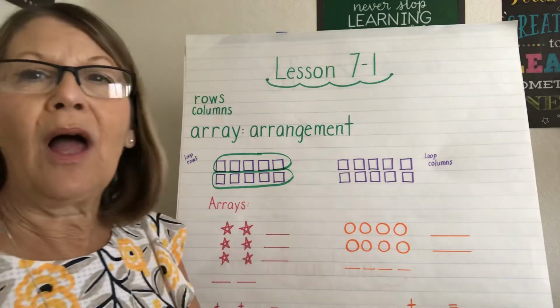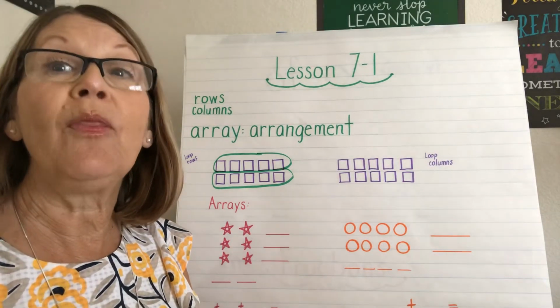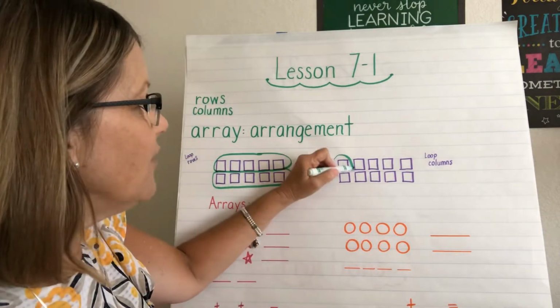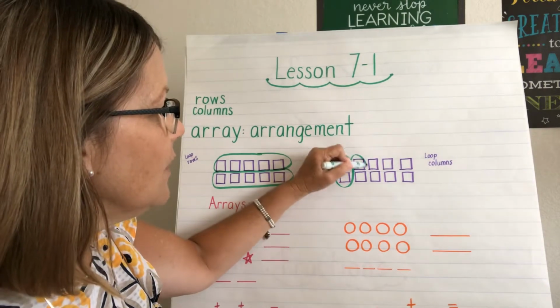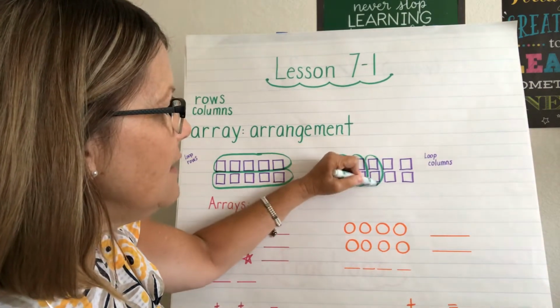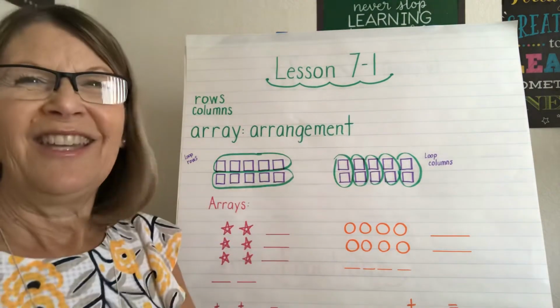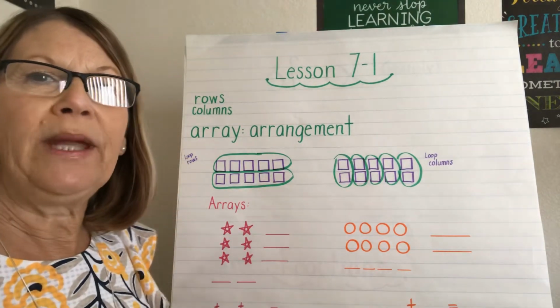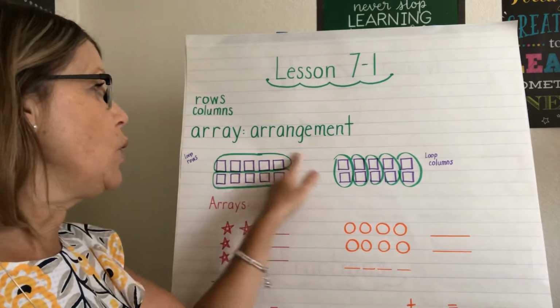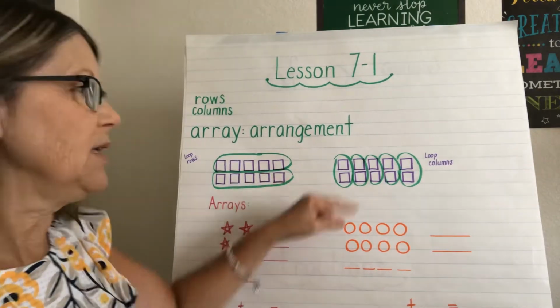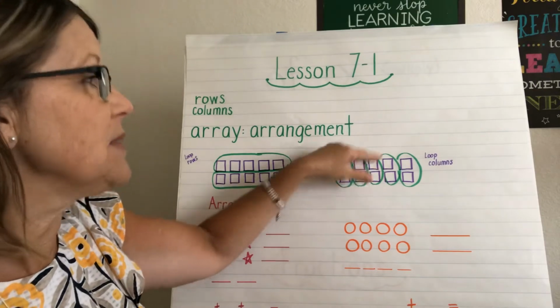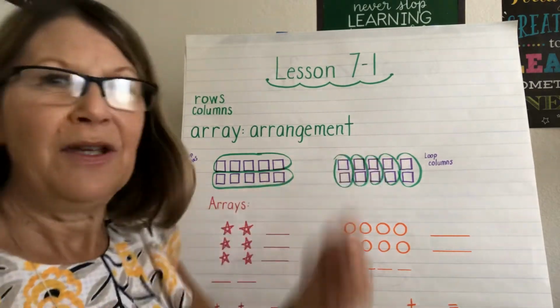Over here, I'm going to draw loops around the columns. So I've got this column, and this column, and this column, this column, and this column. So you see the difference between looping the rows horizontally and looping the columns vertically. Okay, so keep that in mind. We're going to keep coming back to that.